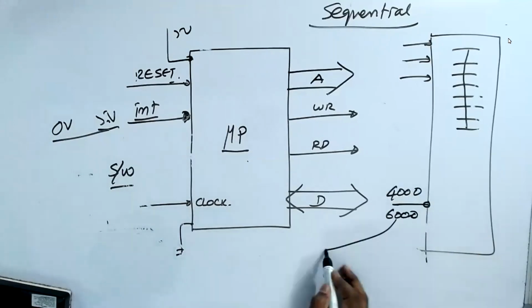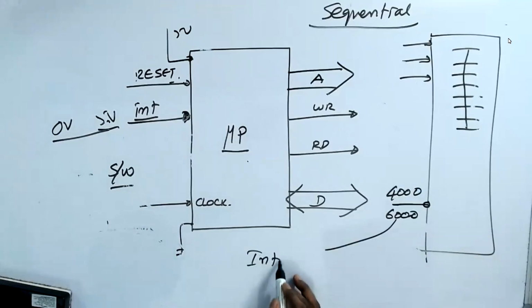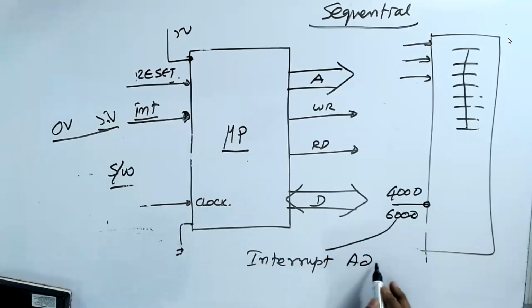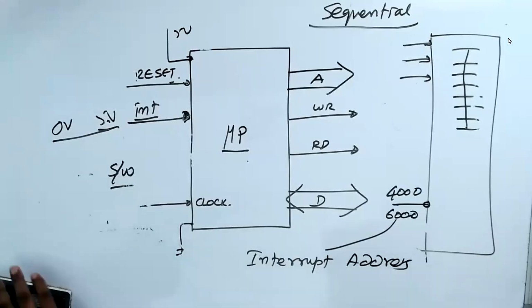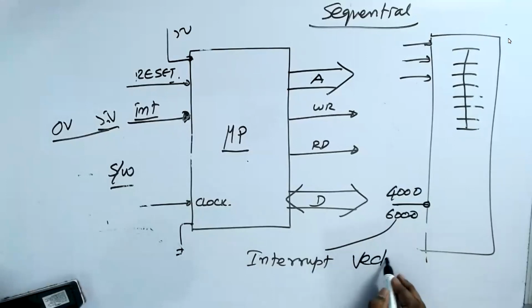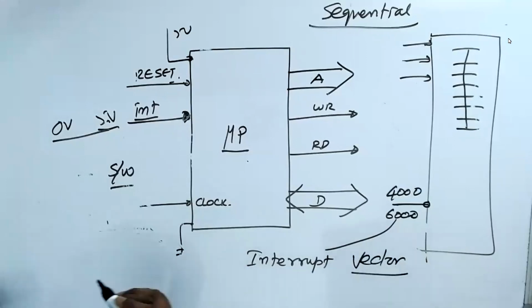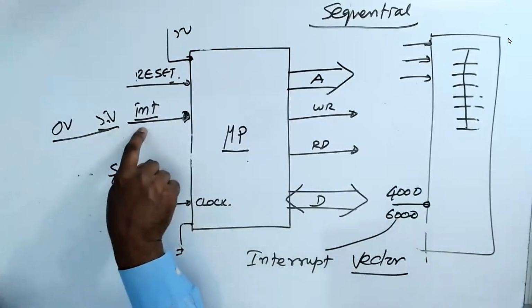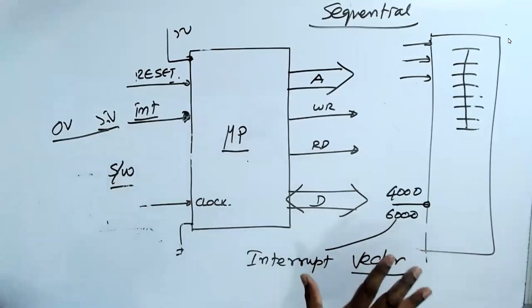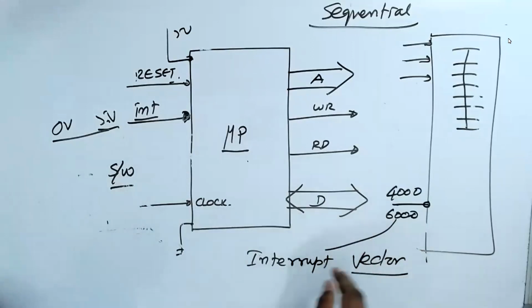They call that an interrupt address, or they call it by the special name interrupt vector. Both are the same. Address and vector are the same, so don't get confused. This is unique and different for each microprocessor, so each microprocessor will have different addresses.